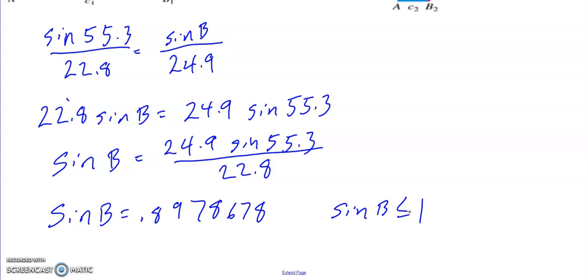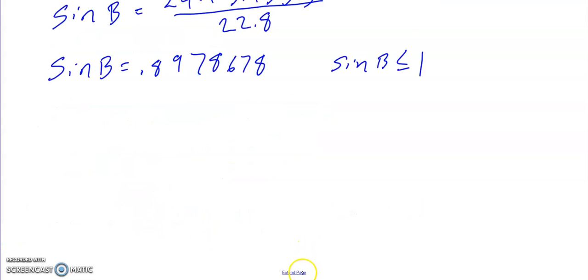If we are less than or equal to 1, the angle exists. So we're going to find the inverse sine of this to find out how big angle B is. So find the arc sine, and we get that B is about, it's not exactly equal to, it's about 63.9 degrees.